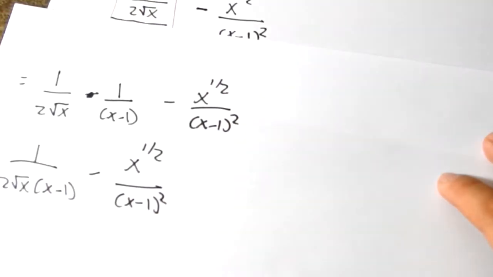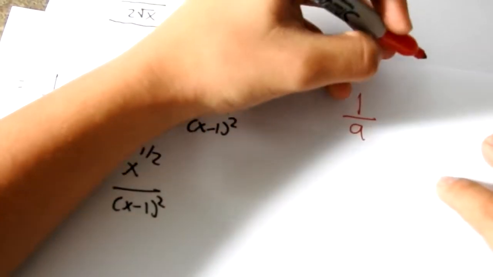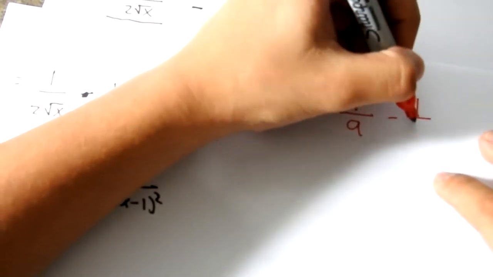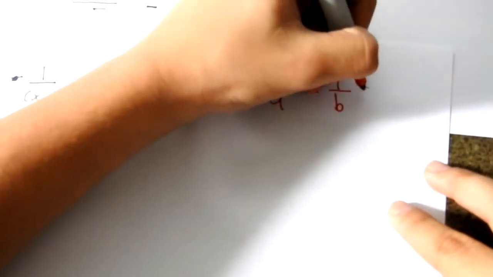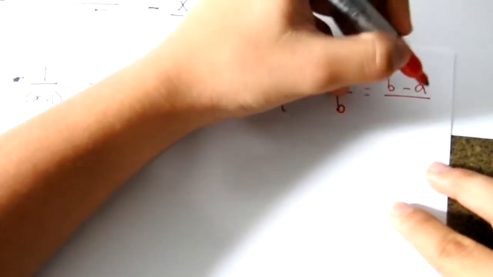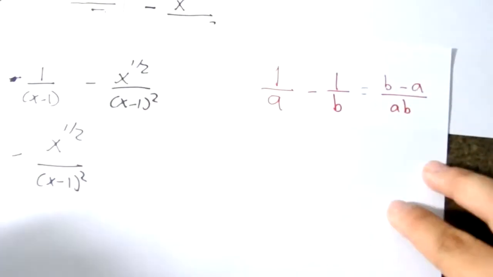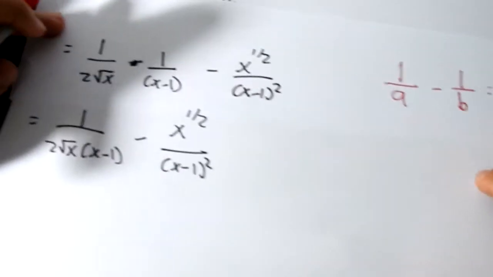When we have a over b, 1 over a minus 1 over b, we don't have the same denominator, so what we do, if we do this, b minus a and then ab, we combine the fraction.